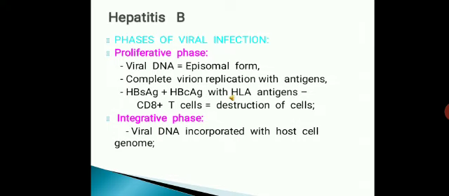Then the second phase is the integrative phase, in which the viral DNA gets incorporated in the host cell, host nucleus. The host gene incorporates the viral gene, and this can result in formation of hepatocellular carcinoma.